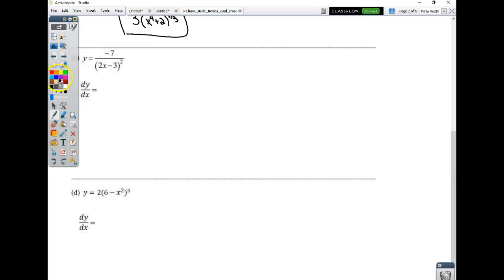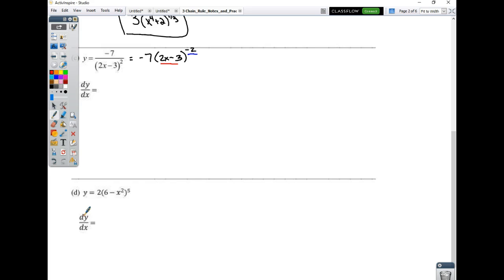All right. Now, you also get questions like C. That kind of looks like a product rule, but it doesn't have to be. You can rewrite that as negative 7 times 2x minus 3 to the negative 2. Your outer function being negative 2, your inner function being 2x minus 3.